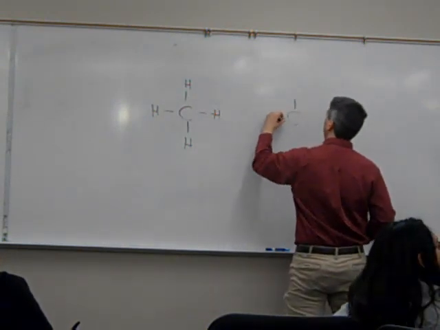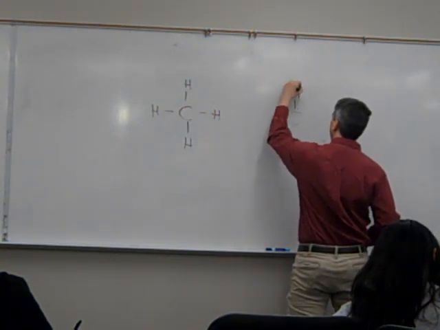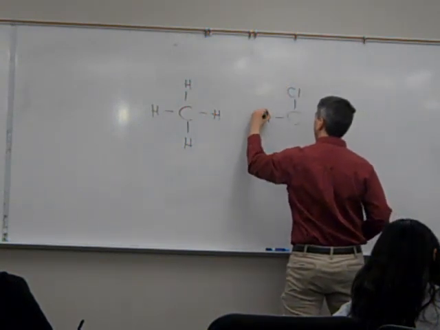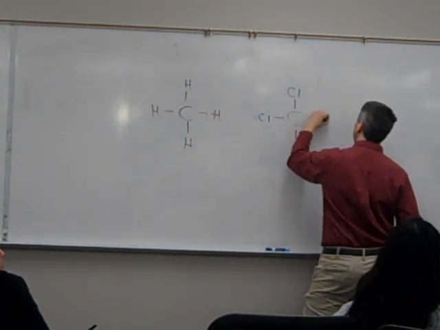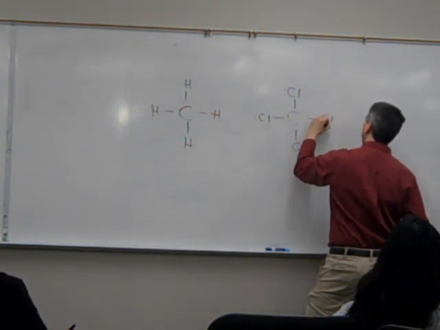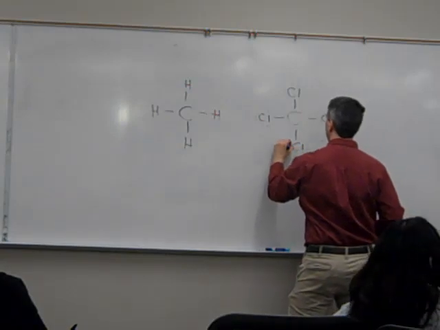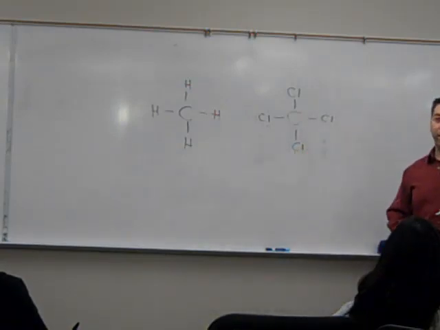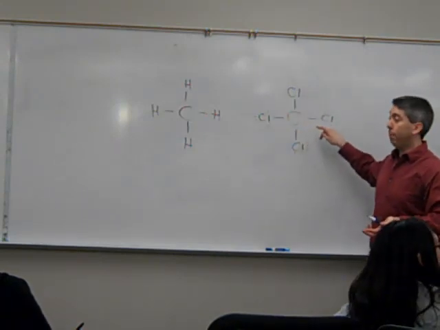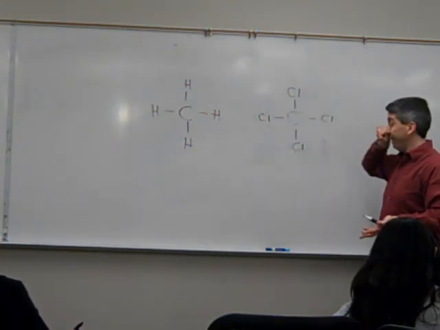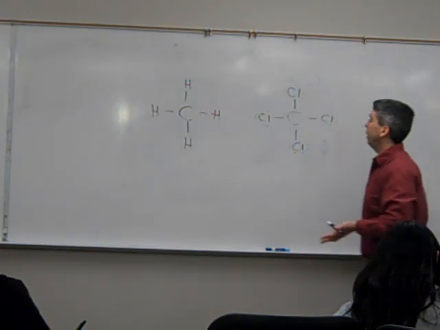What about if we have some polar bonds here, like CCl4? Polar or nonpolar? Nonpolar. Because all the atoms are the same, so they're all pulling in the same direction, so this is going to still be nonpolar.